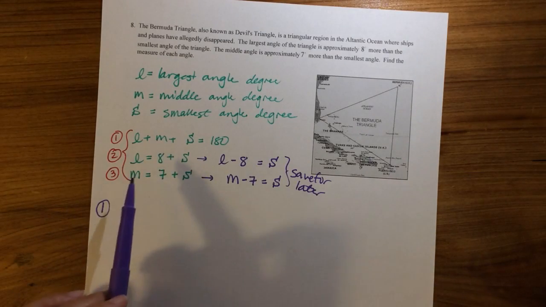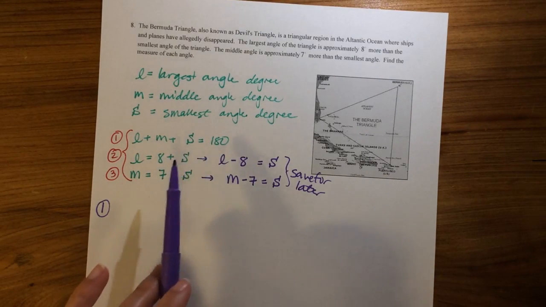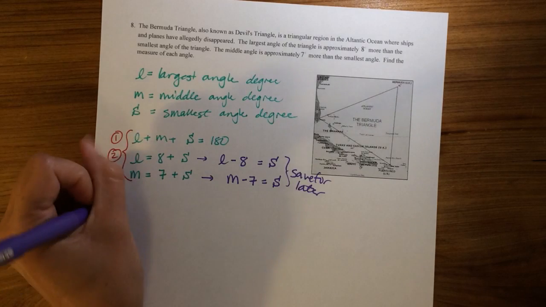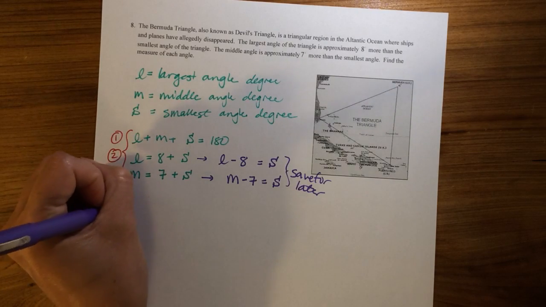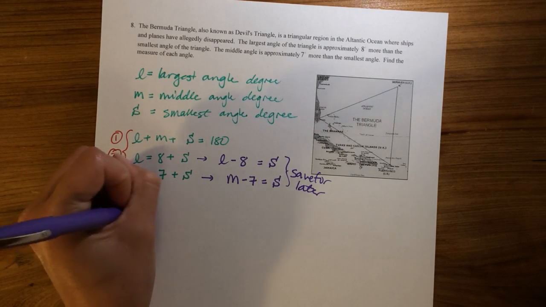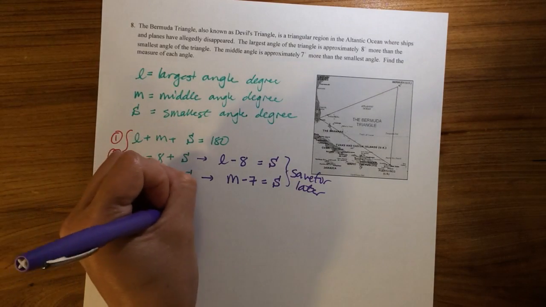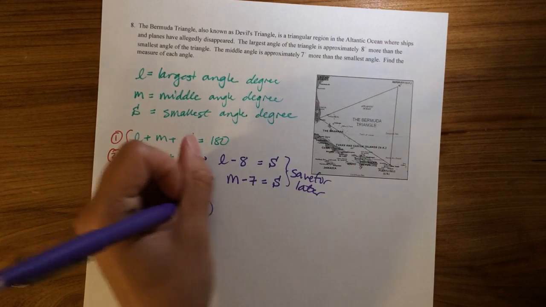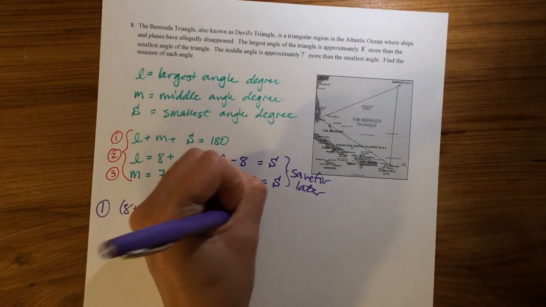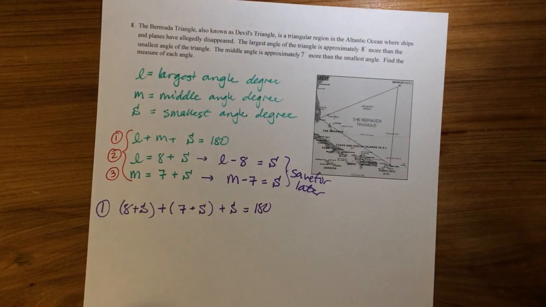Equation 1. Since 2 and 3 are already in terms of S, what you can do is a straight substitution in. So instead of L, I'm writing 8 plus S. Plus, instead of M, for equation 1, I'm writing 7 plus S. And then plus S equals 180. Now that equation 1 is in terms of S, we can just combine like terms.